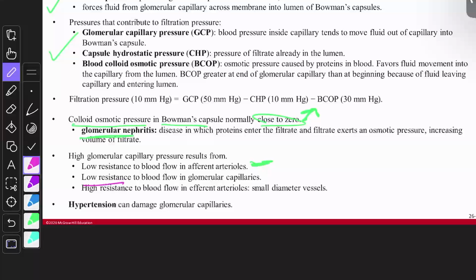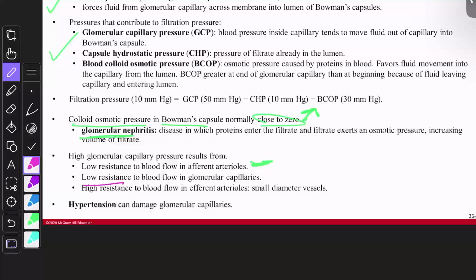So what happens if systemic blood pressure is high? Then glomerular pressure goes even higher, and that is where we run into the risk of damaging the capillaries.